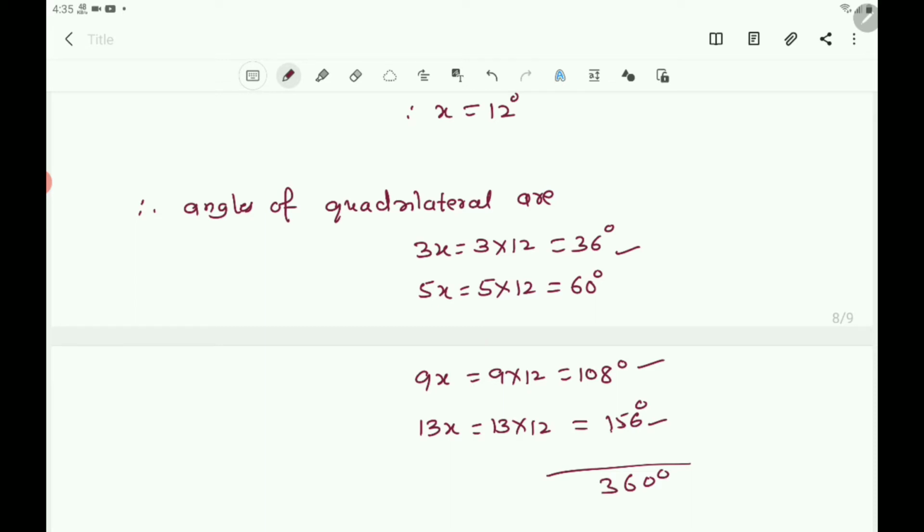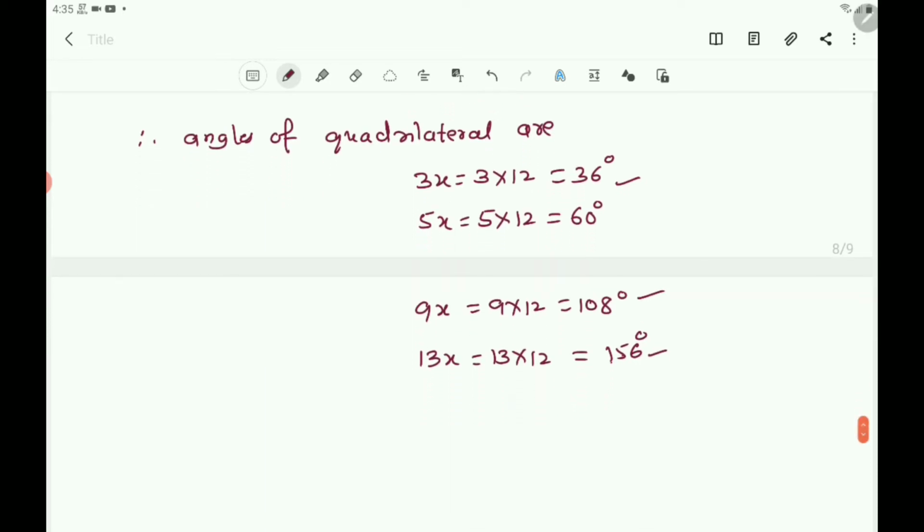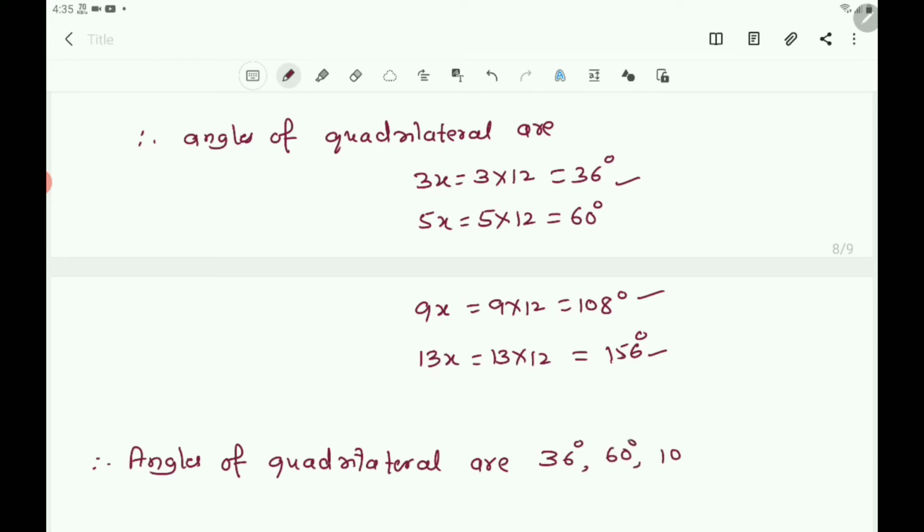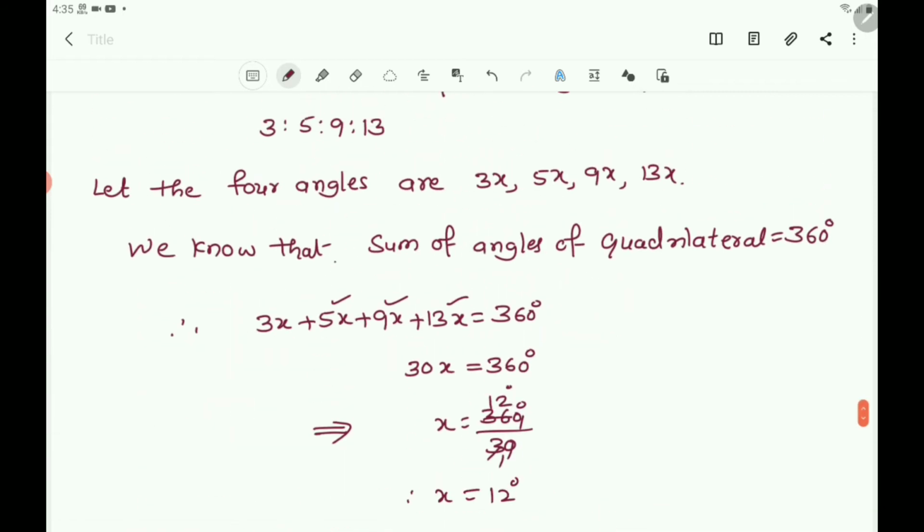You got 360 degrees. So the angles are 36 degrees, 60 degrees, 108 degrees and 156 degrees. Therefore the angles of the quadrilateral are 36 degrees, 60 degrees, 108 degrees and 156 degrees. These are the angles which are in the ratio 3:5:9:13.